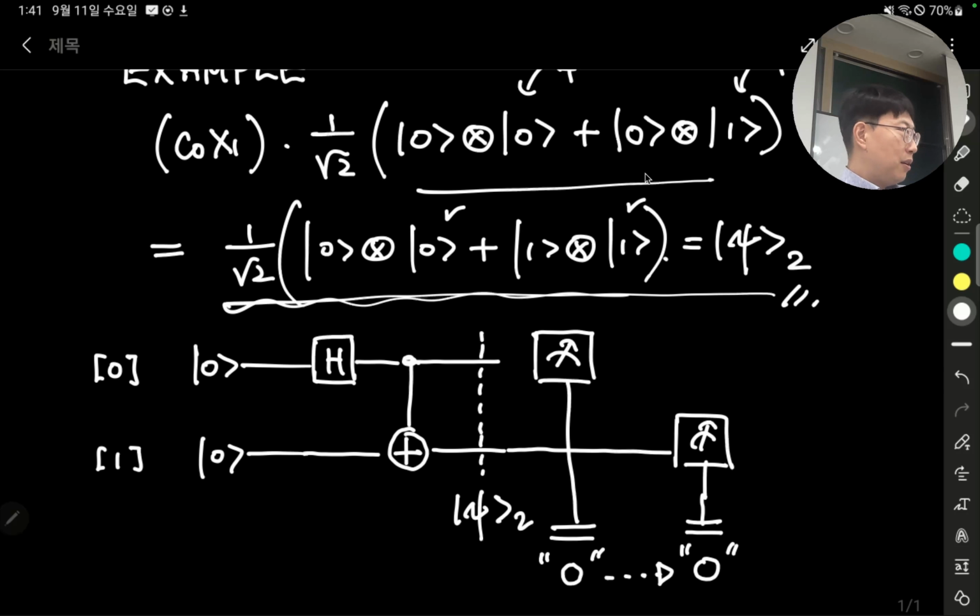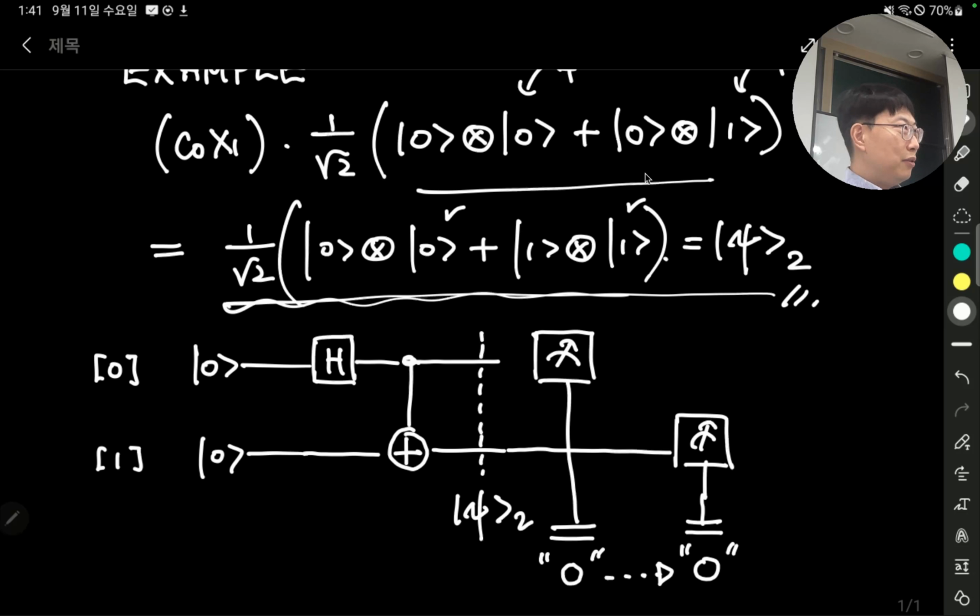So the outcome for the next person is fixed by the first observation. A little bit awkward. Say you take these two qubits apart by light years. After this person takes the measurement, immediately the second qubit has a fixed outcome, right?